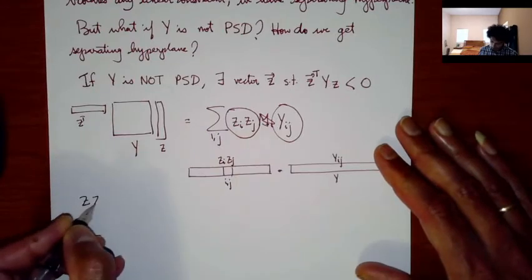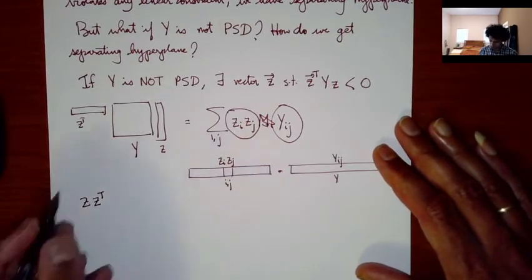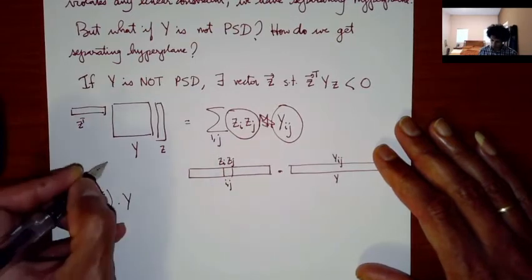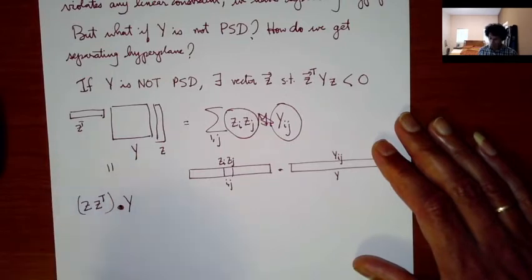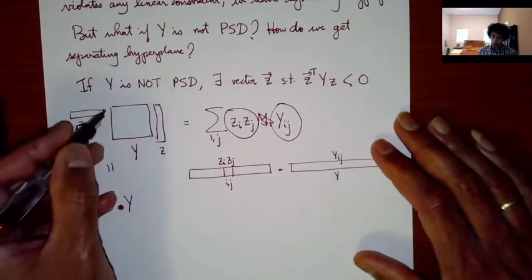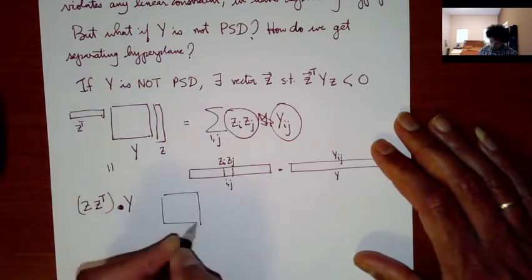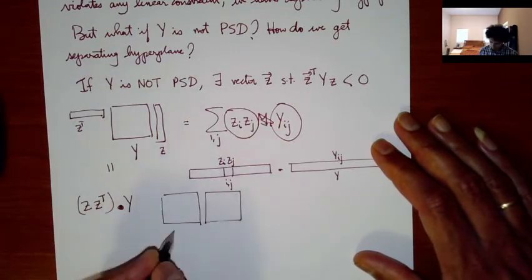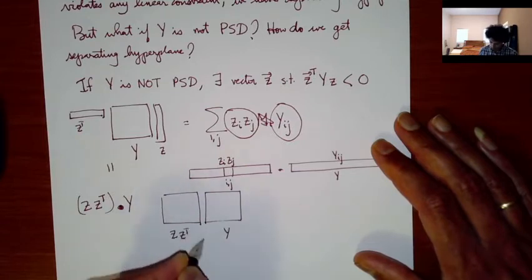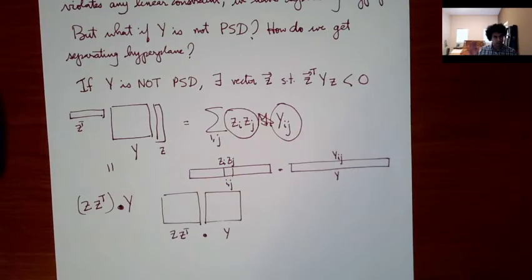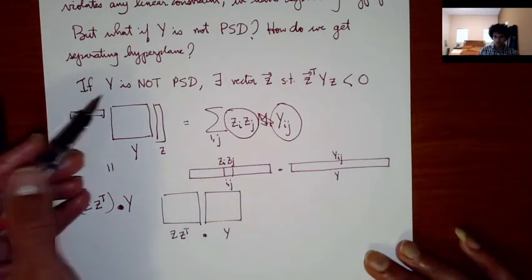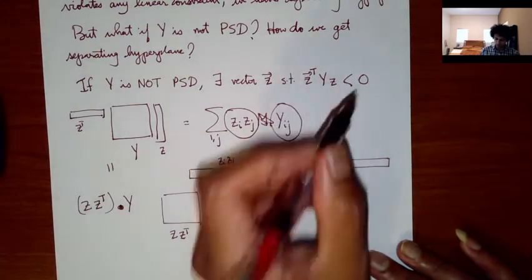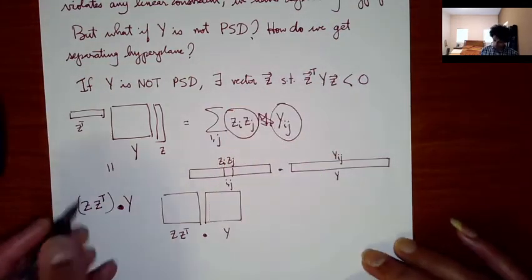Another way of putting this is, this is the outer product ZZ transpose dot product with Y. I'll call it a bullet product. You think of Y as a matrix, ZZ transpose is a matrix. The bullet product is basically like treating them like vectors and taking a dot product as if they were vectors. So if Y is not PSD, then there exists this vector Z such that Z transpose YZ is less than 0.